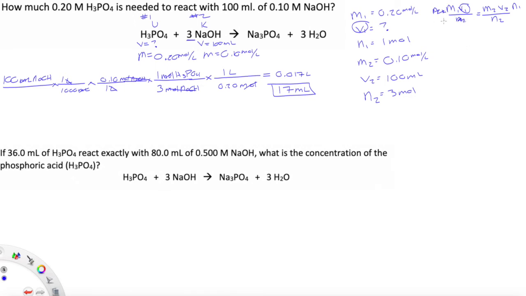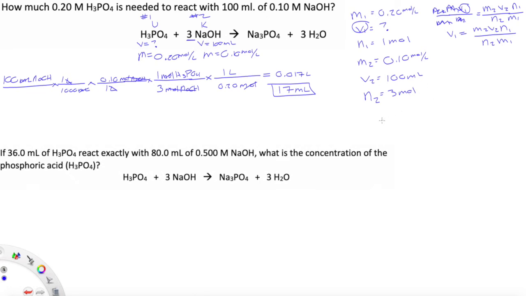And then I need to divide both sides by M1. And that's going to cancel out M1 on this side. And so my final equation is going to be V1 equals M2 V2 N1 divided by N2 M1. All right, so let's go ahead and plug in those values and see what we get.